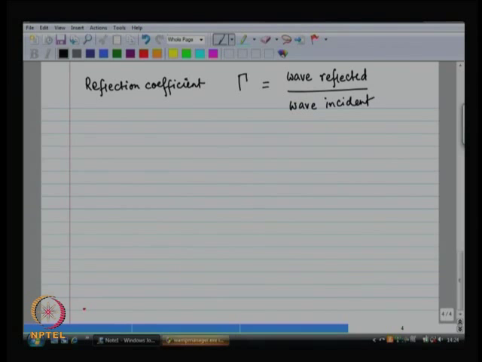And of course, the amount of reflection happening at the load could be different from the amount of reflection happening at the source. This all depends on how heavy or how light the source is. So, these are two different walls.